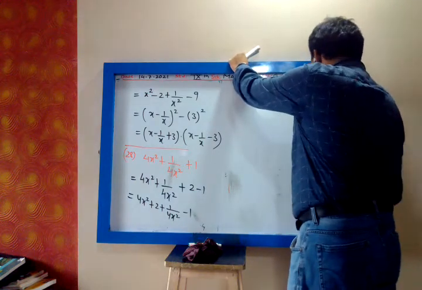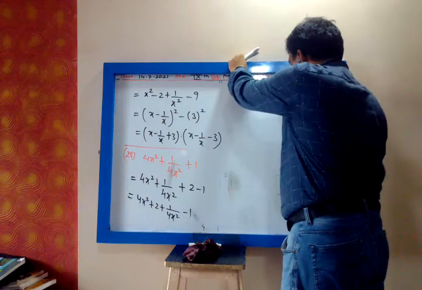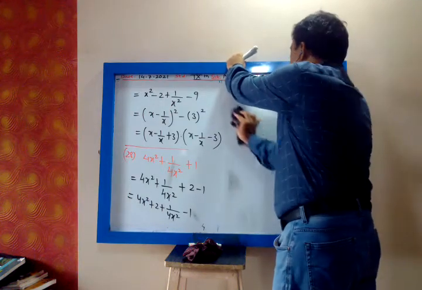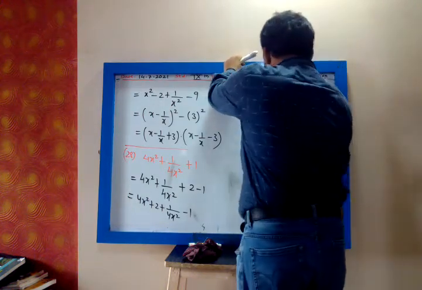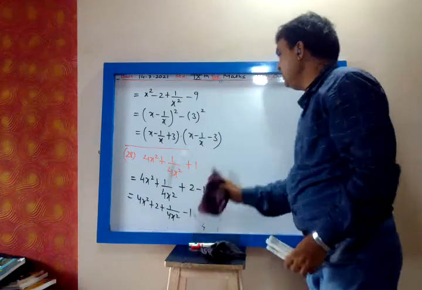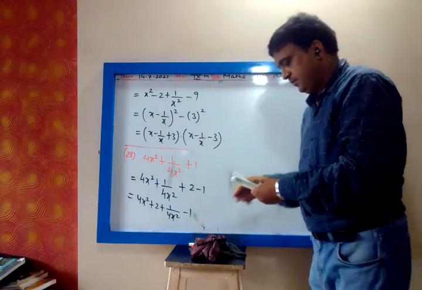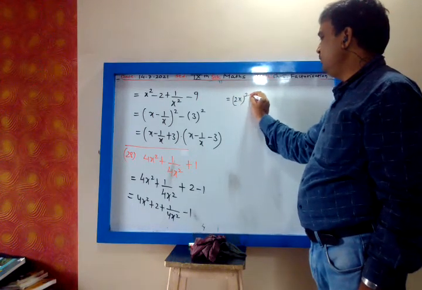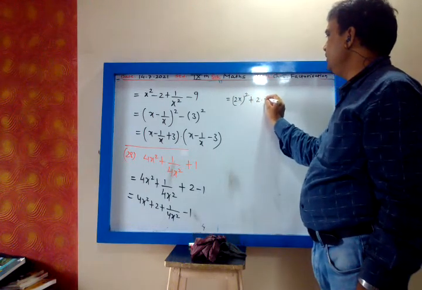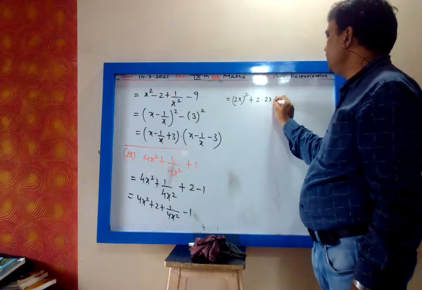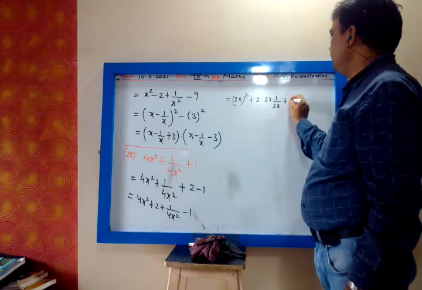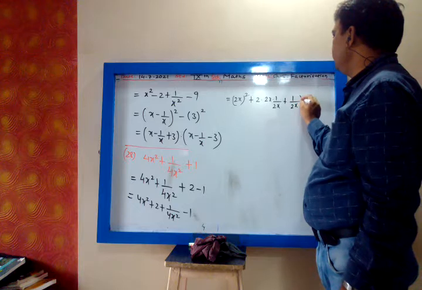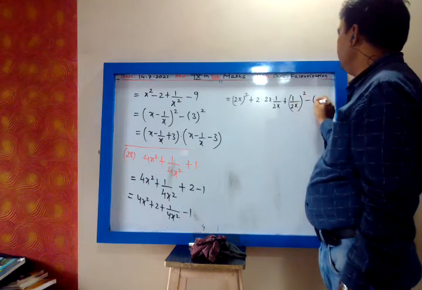So before that, let me write one more step. 4x square I will write as 2x whole square, plus 2 I can write as 2 into 2x into 1 upon 2x, and 1 upon 4x square I will write as 1 upon 2x whole square. 1 I will write as 1 square.